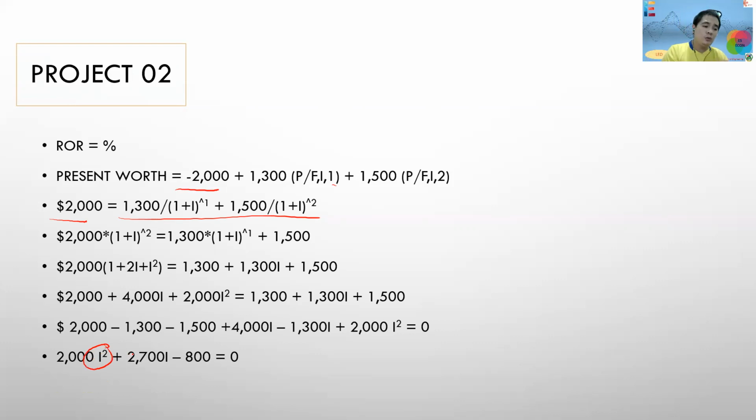You can go into your calculator on equations. The degree is 2. You'll have to input your values. The 2,000, which refers to i squared, is the value of A. The 2,700 is the value of B. And the negative 800 is your C.